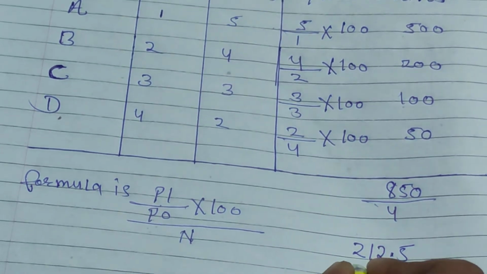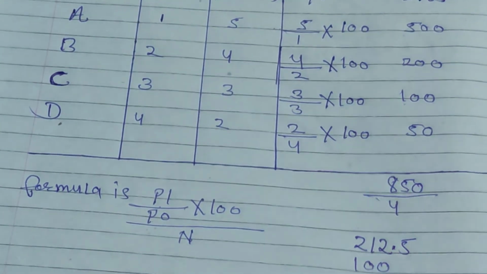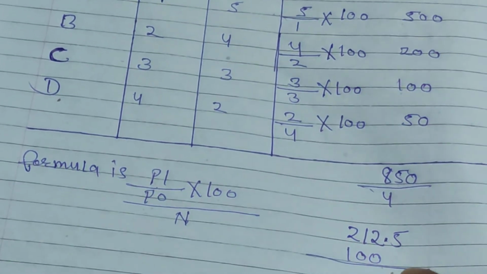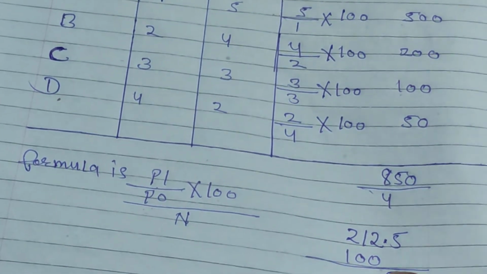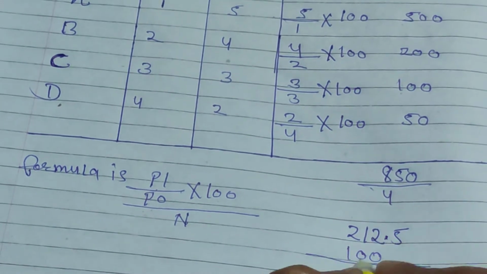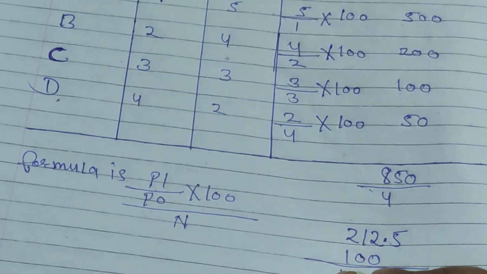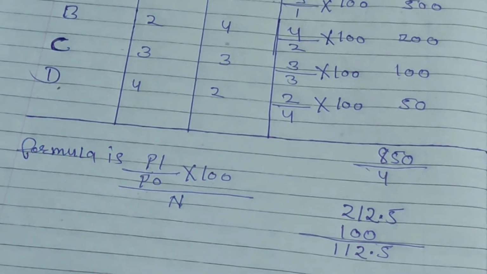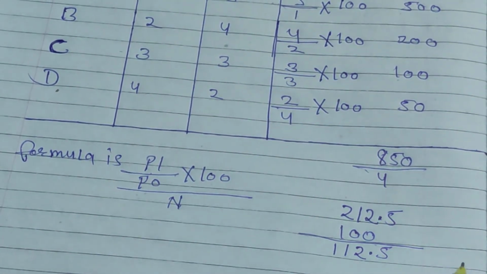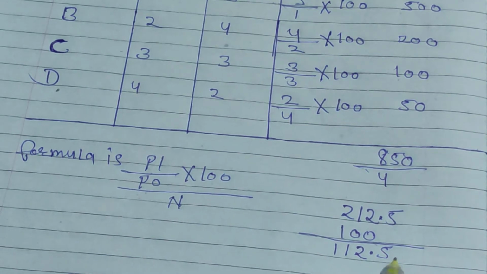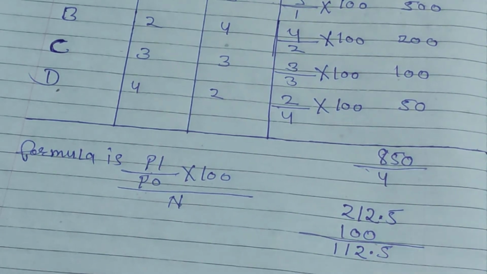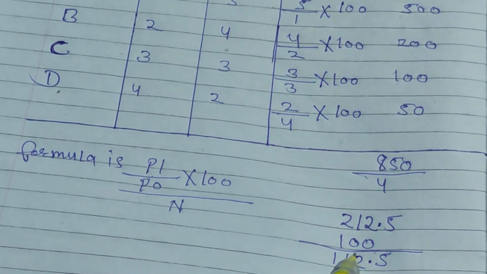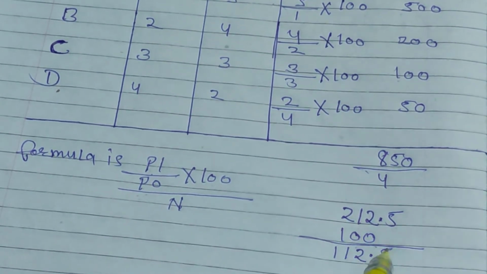We have to subtract 100 from this, so 112.5. I know a question is wandering in your mind: why did we subtract 100 from this?